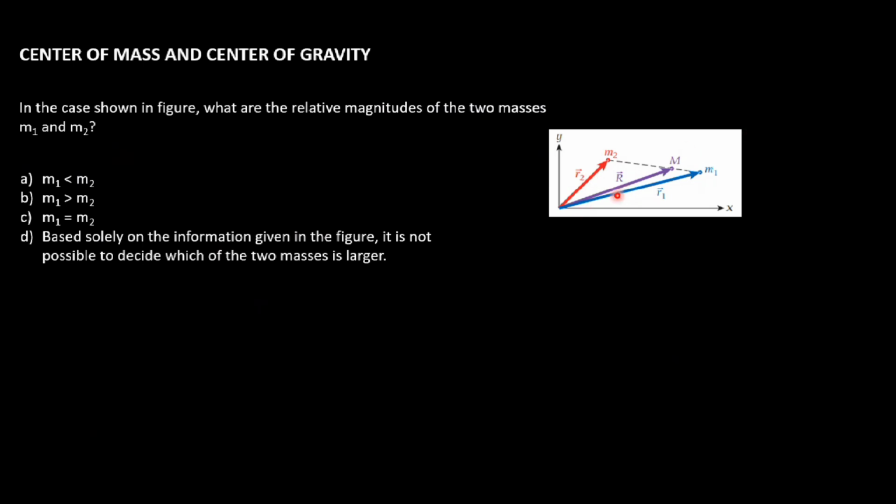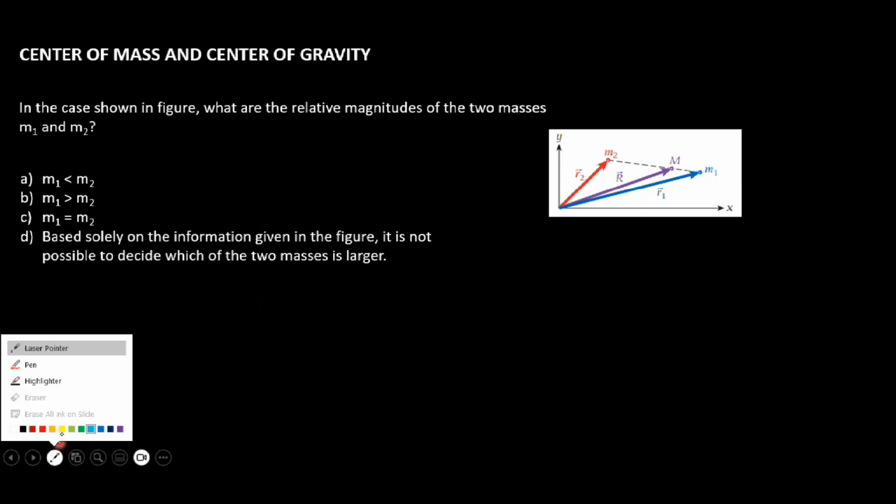Now we have already discussed, if we have a two-body system, the center of mass lies on the line connecting the two bodies, as well as it lies closer to the object which is heavier. So here my center of mass M is lying closer to object 1. That means mass of object 1 is greater than mass of object 2.